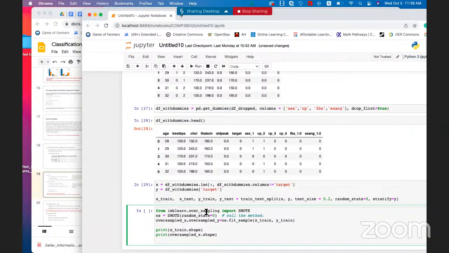Like if we had thousands or 10,000 data, I don't mind reducing some of the entries in one of the groups. Not the minority group, the major group, the group with more samples. I don't mind reducing some, and that's called undersampling. So oversampling means that you add data.